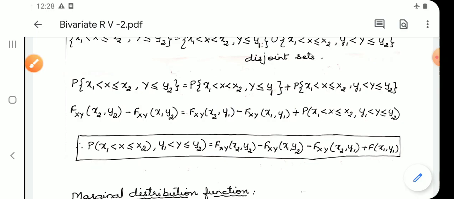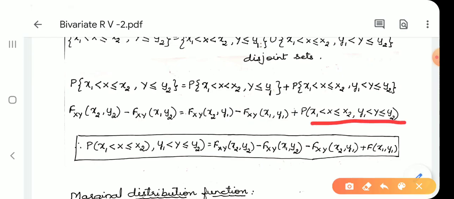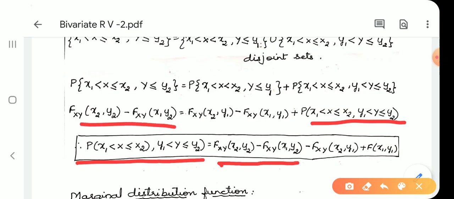So the last term now becomes P of x1 less than X less than or equal to x2, comma, y1 less than Y less than or equal to y2 is equal to F_XY of x2 comma y2 minus F_XY of x1 comma y2. This goes to the left hand side.